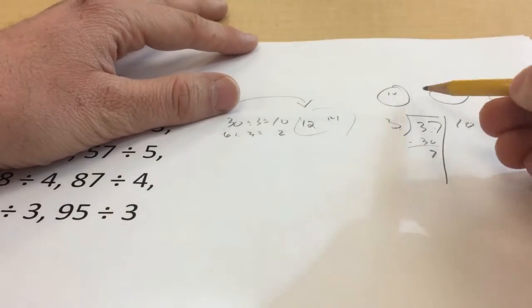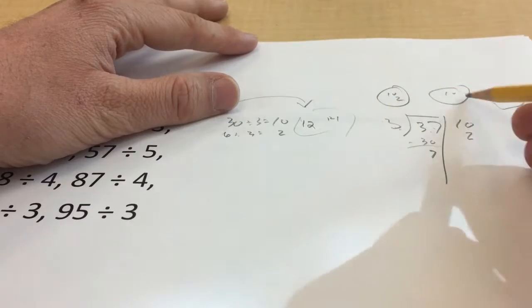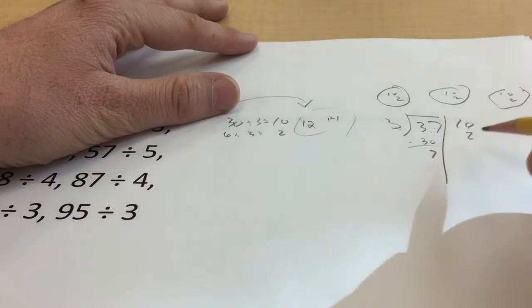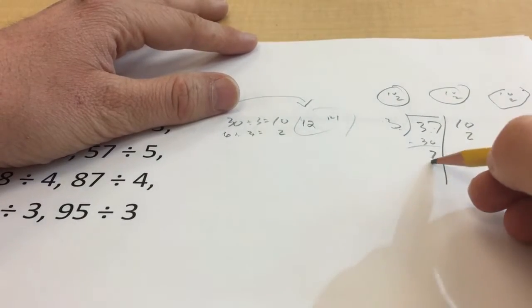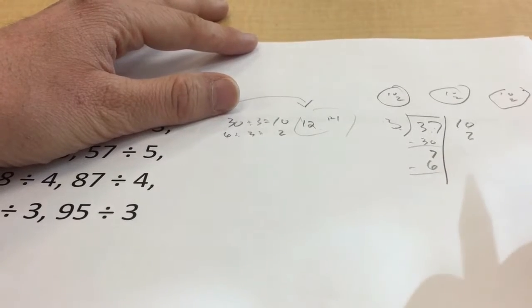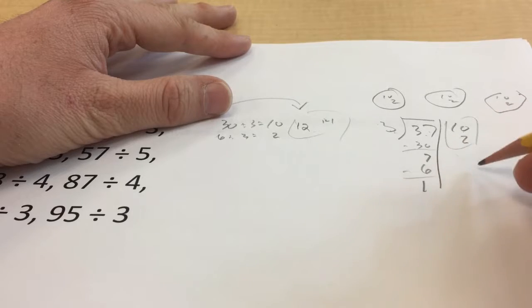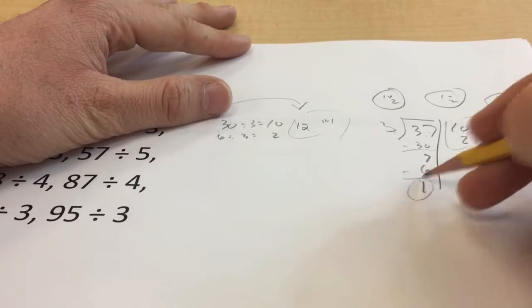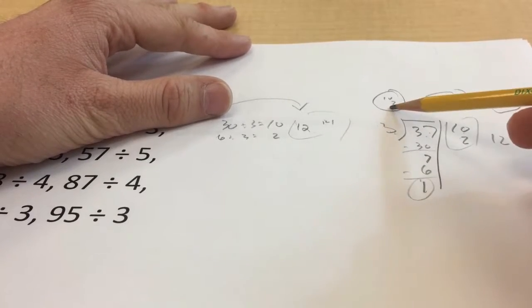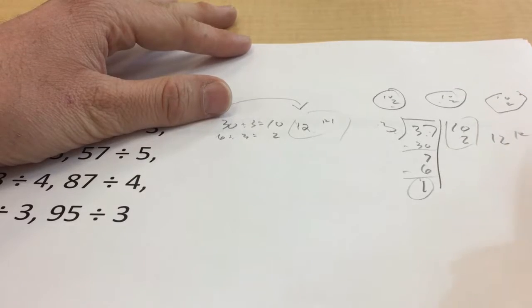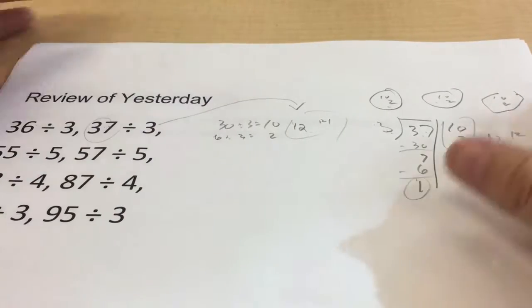And I could put 2 in each group. 2, 4, 6. So I have spread out 6 total. I've still got 1 left over, so the answer would be 12 and I've got 1 more. If I put it in any of these, it won't be equal.